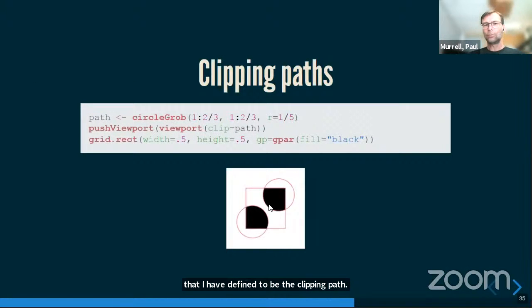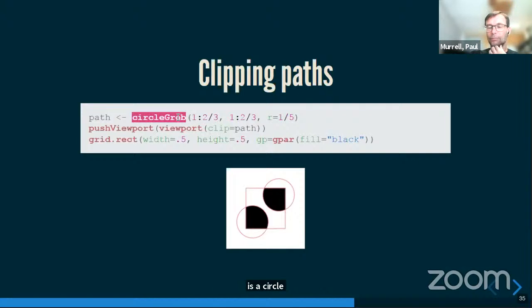So here's a little example. The path I'm going to use is a circle grob. This circle grob actually draws two circles. So there's 2 x values and 2 y values, and they both have the same radius. So that's the 2 red circles in the diagram.